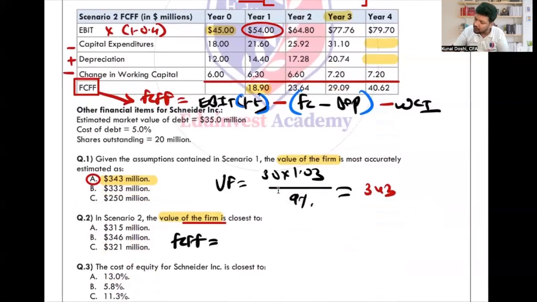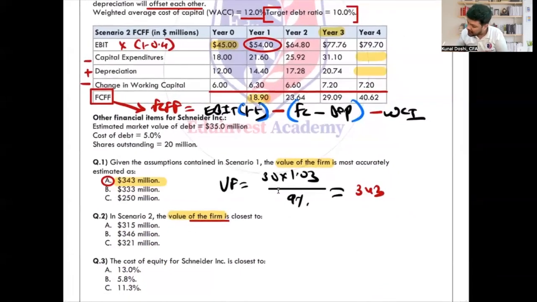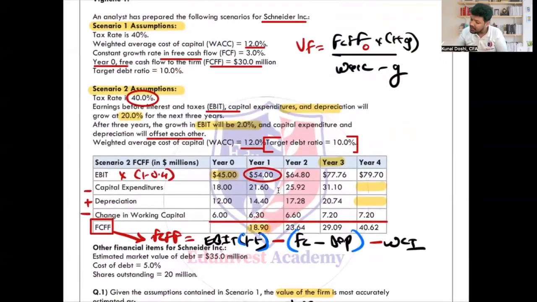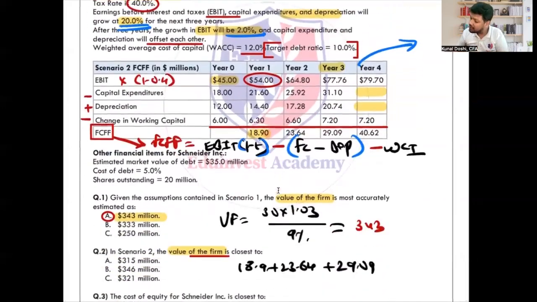So I already have my FCFF. I don't have to worry about my future FCFF. My first year FCFF is 18.9, second year FCFF is 23.64, and third is 29.09. They said that till 3 years it will grow at 20%, and after 3 years EBIT growth will be 2%. That means I require the terminal value.